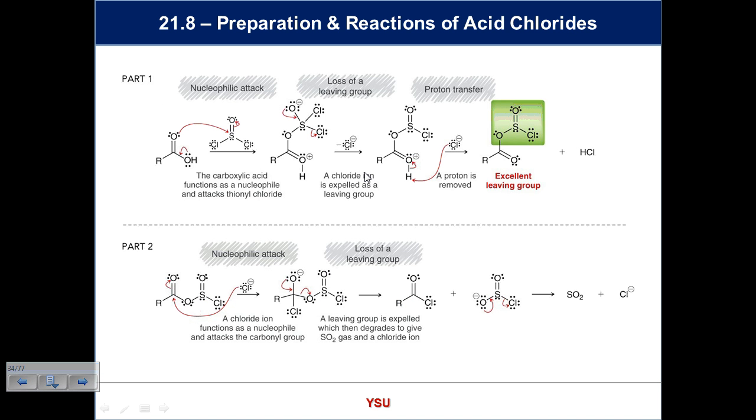Mechanistically, yeah, we'll do it. It's on my website, and this is somewhat similar to things you've already seen. Where last semester did you see sulfur doubly bonded to oxygen reacting in some type of chemistry? TsCl, yeah? Tosyl chloride. Go back and look at that mechanism. It's very similar to this. The sulfur in the middle here, you would expect to be quite electrophilic.